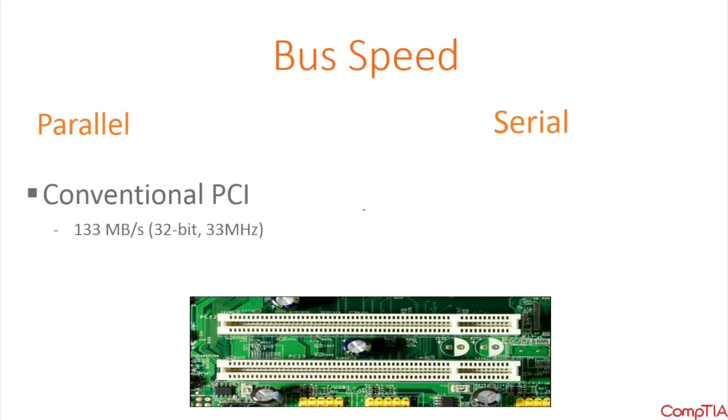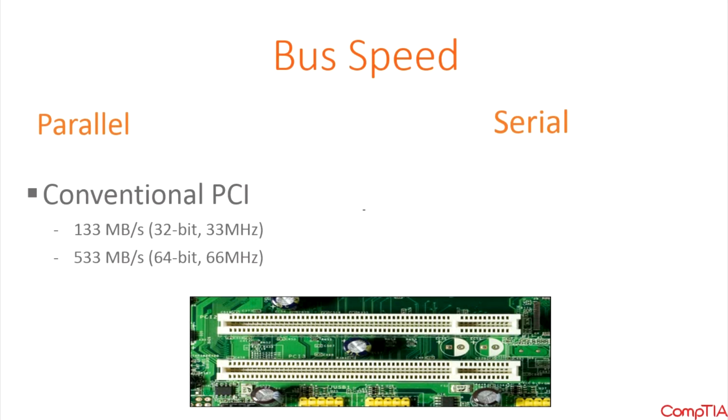Cycles per second are normally given in megahertz, millions of cycles per second, or gigahertz, billions of cycles per second. And speed, when we talk about bus architecture, will normally be in megabytes per second. As a reference for size, think that an MP3 audio file weighs in around 5 megabytes.